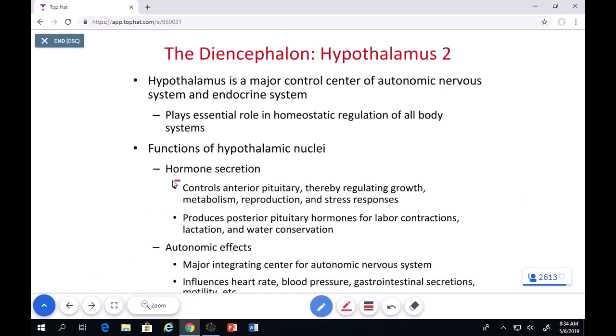So we mentioned the hormonal secretions, the hormonal functions we already emphasized two slides ago. We also have some autonomic effects of our hypothalamus as well. One of the interesting autonomic effects of our hypothalamus is going to be the regulation of body temperature.